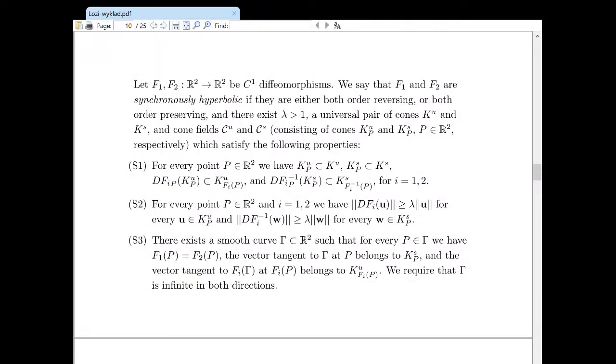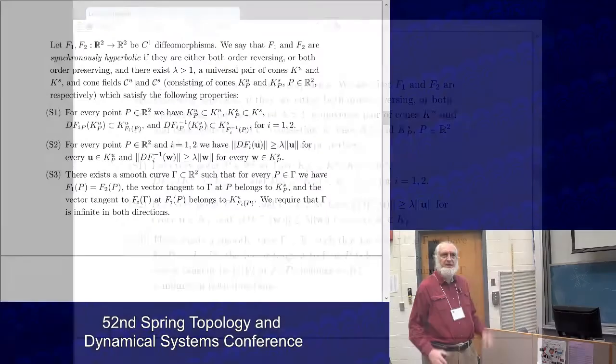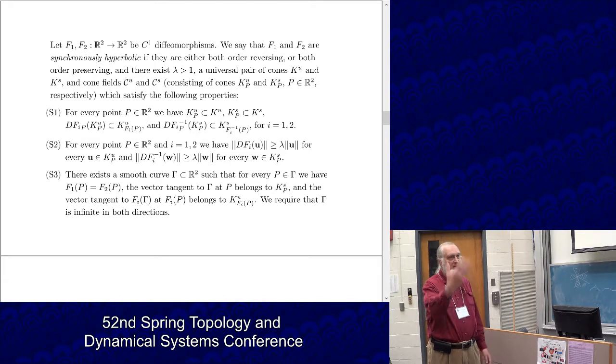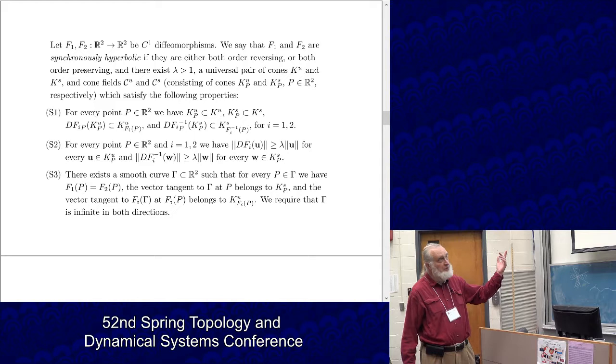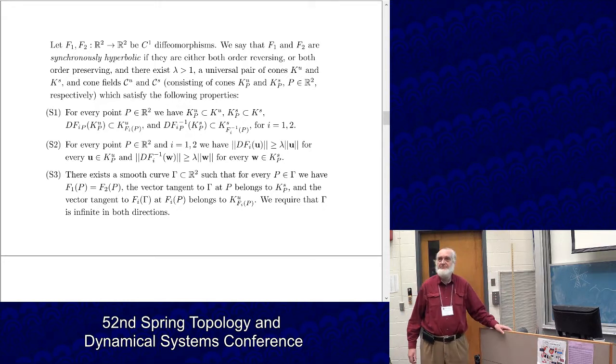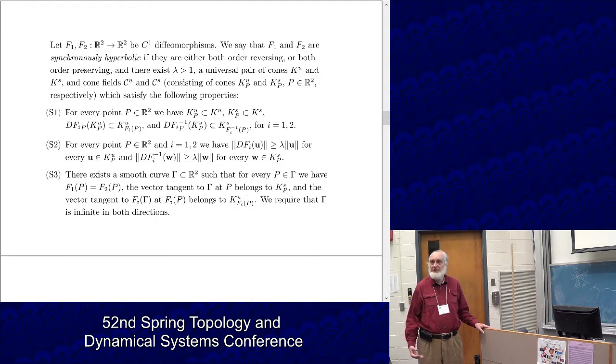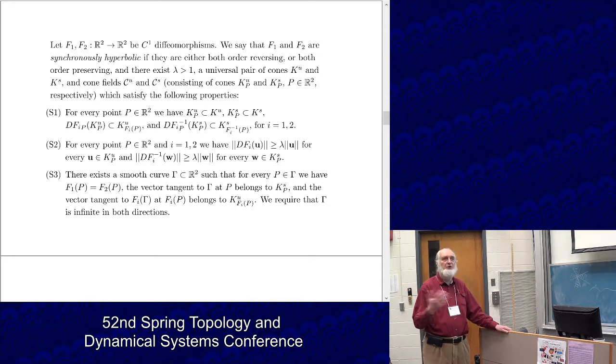For the lossy maps, really you have two maps. One you apply in the left half plane, the other you apply in the right half plane. So here we will also have two maps, and we want them to be hyperbolic, but not independently.